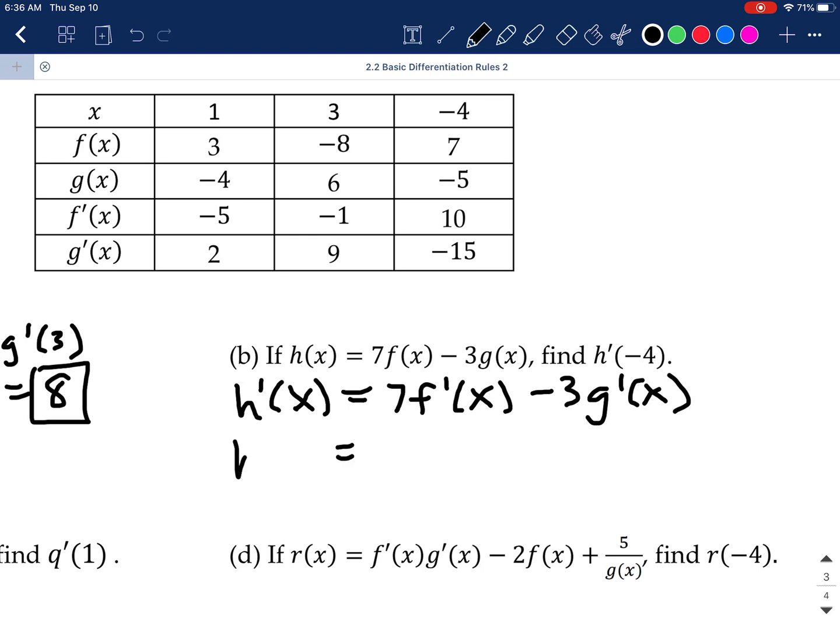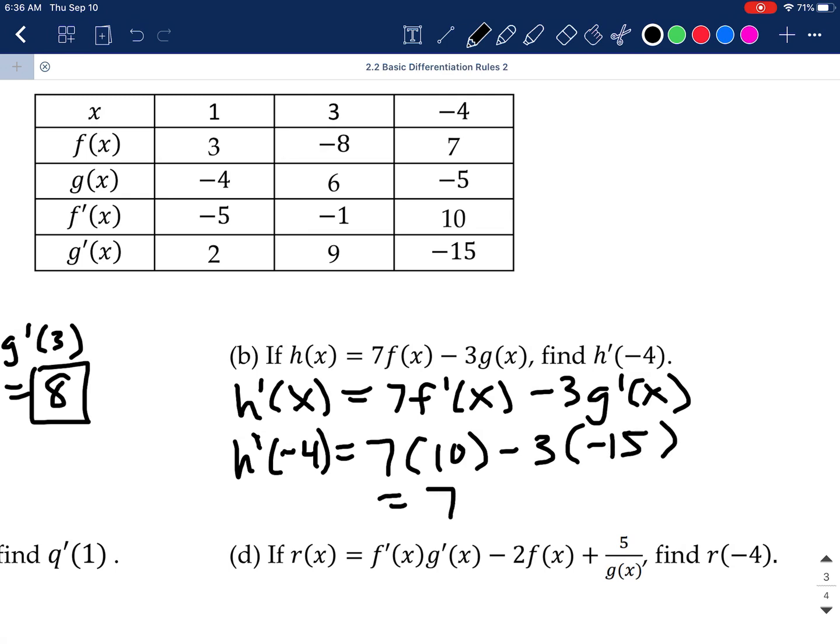And so at negative 4, 7 times f prime of negative 4 is 10, minus 3 times g prime of negative 4, which is negative 15. So we're going to get 70 plus 45, which is 115.